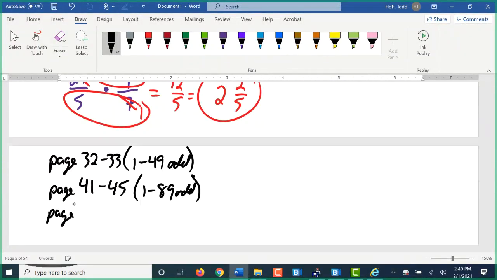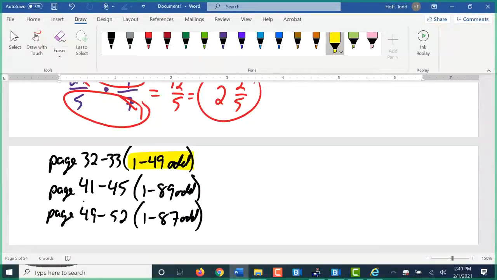And page 49 through 52, 1 through 87, the odd. That's multiplication. Now, as always, I'm not expecting you to go home and do 113 problems here. Do a couple of the easy ones. If they're going well, skip ahead to the more difficult ones. Make sure you're ready for a quiz on this, possibly tomorrow.